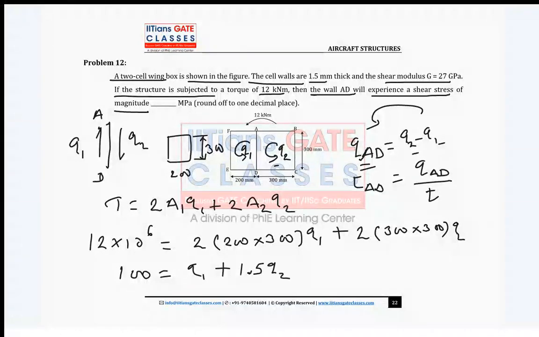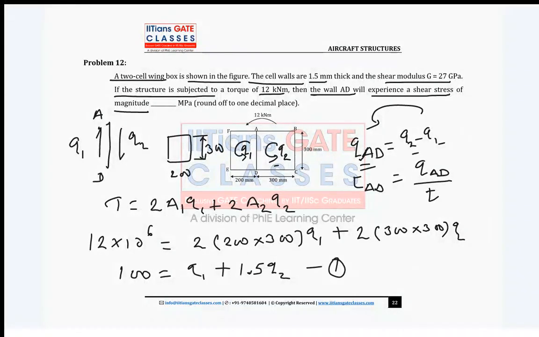Am I correct? So whatever I have written is correct, Mr. Sivendra Raj: q1 plus 1.5 q2 equals 100. So this is my first equation.